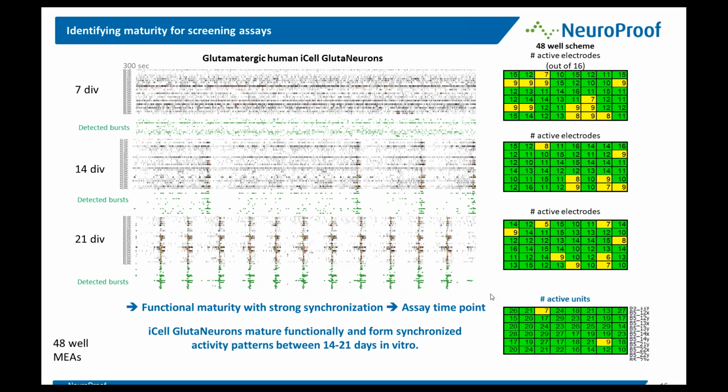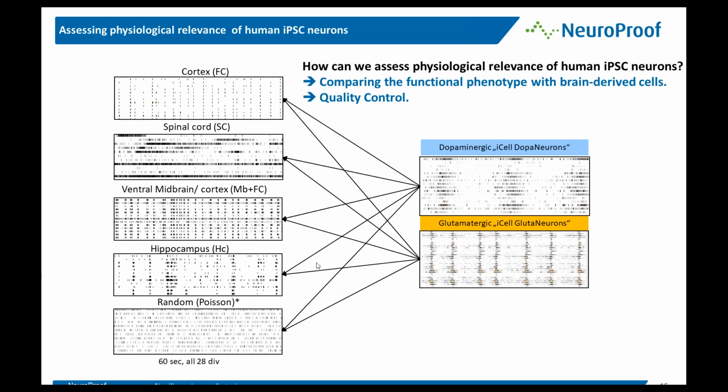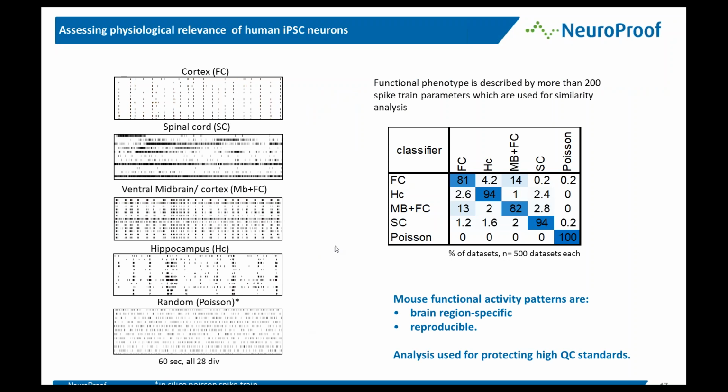In this context, we use our database of mouse rodent cultures, of different tissue-specific cultures, and ask the question: how do these human iPS neurons compare to the reference models? We use this database, classify them, and see a very nice correlation, and use this classifier to analyze novel models like the iCell products. We use that for protecting high quality standards, and this is also needed now to assess the quality of the iPS models.